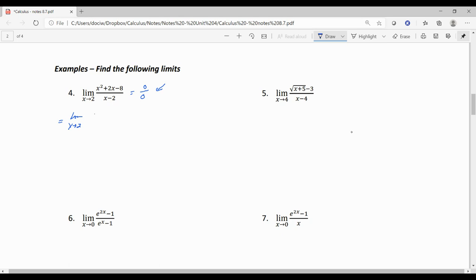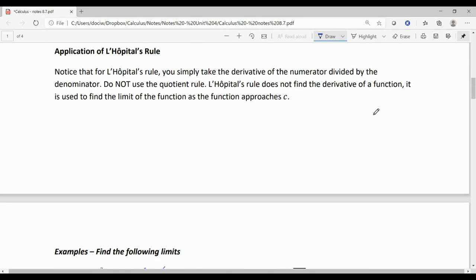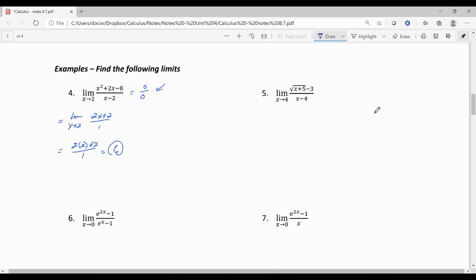I can take the derivative of the top, which is 2x plus 2, divided by the derivative of the bottom, which is 1, and now evaluate as x approaches 2. 2 times x, which is 2, plus 2 over 1, and that's not 4, that would be 6. Now let's scroll back up. Is that what we got here? We got 6. Okay, so notice that we'll get the same thing.